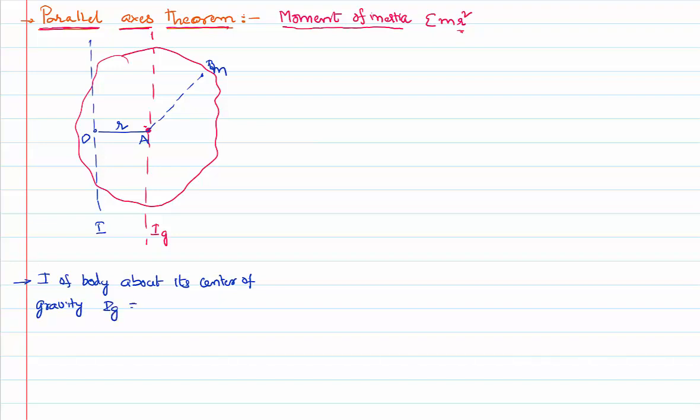Ig equals m AB square. Let us assume there are multiple particles. For each of them I have calculated, so I am adding a sigma: sigma m into AB square.